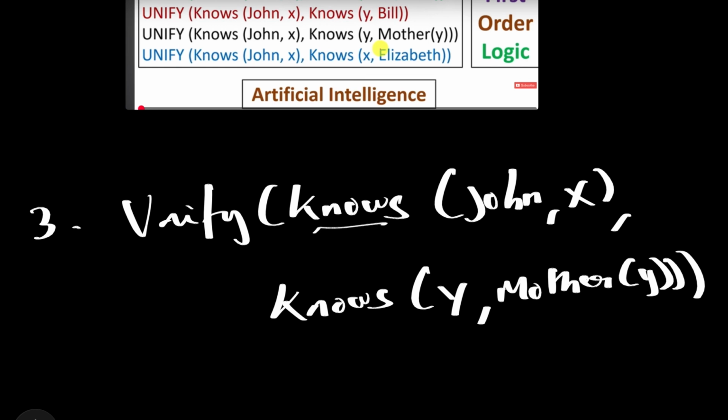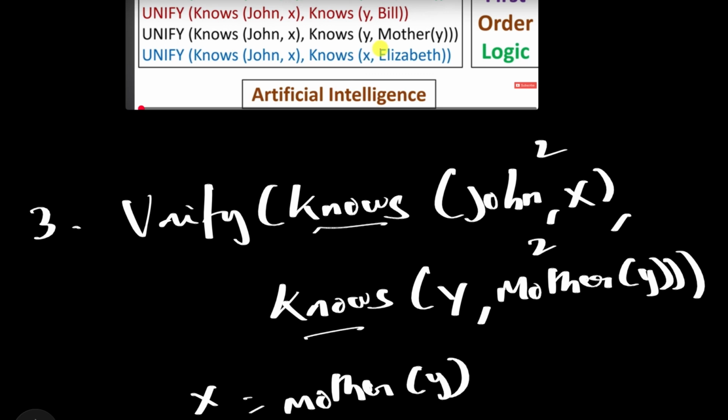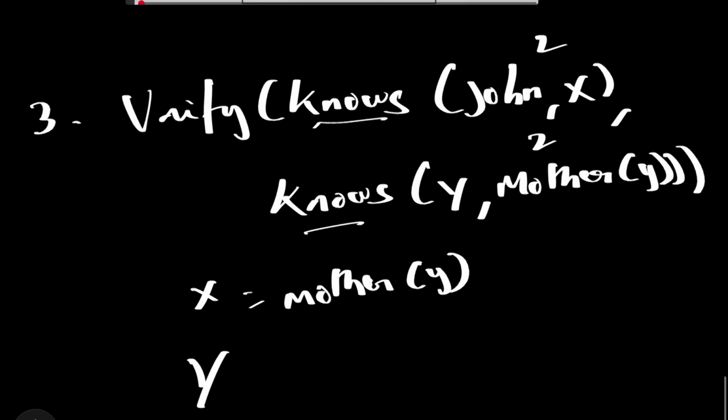So we understand both have the same predicate, both have the same number of variables: here John and X, here Y and mother of Y. So it's simple, we can replace in the first logical statement X with the mother of Y, right? And in the second we can have Y equal to John, right?